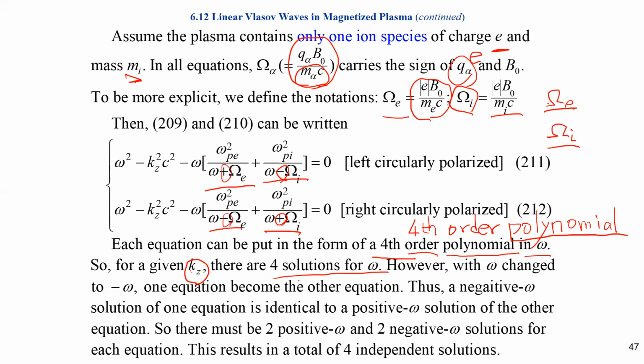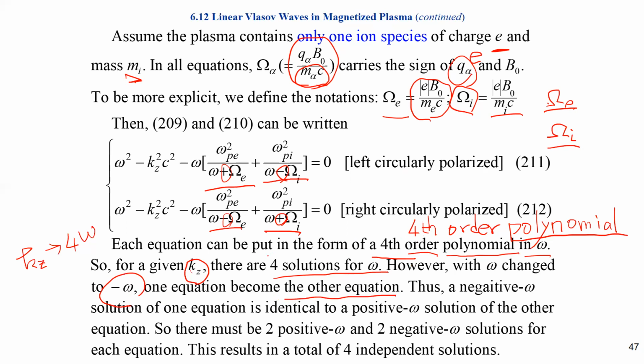Okay, for one kz, we have four omega. However, with omega changed to minus omega, one equation becomes the other equation.